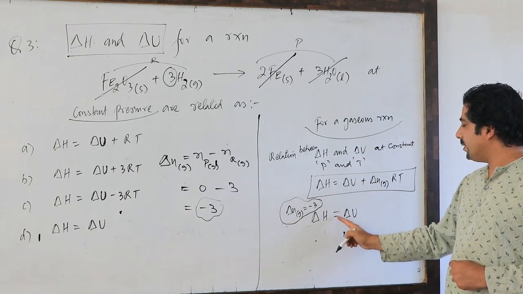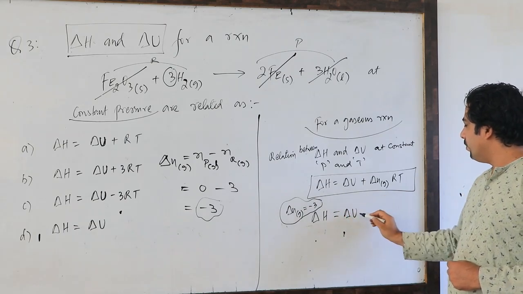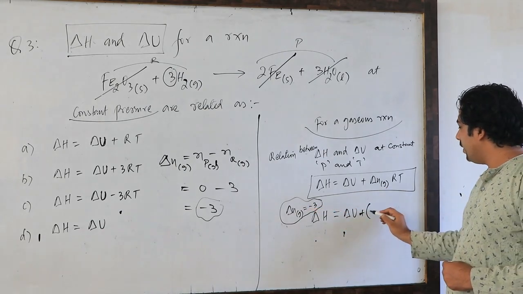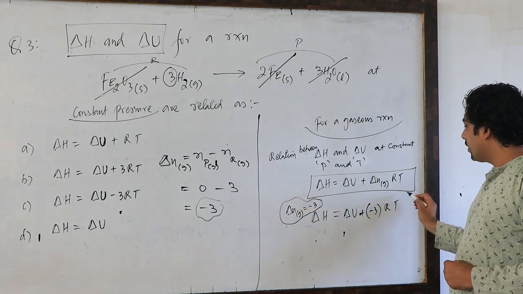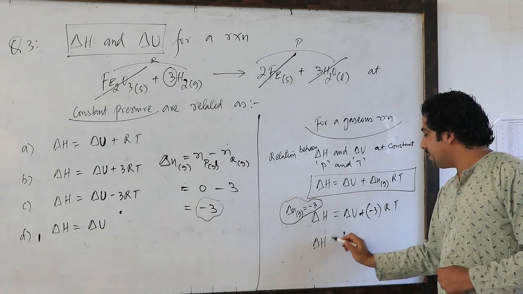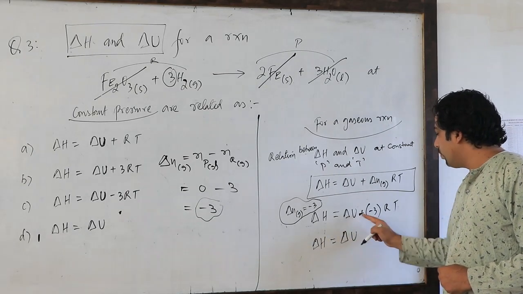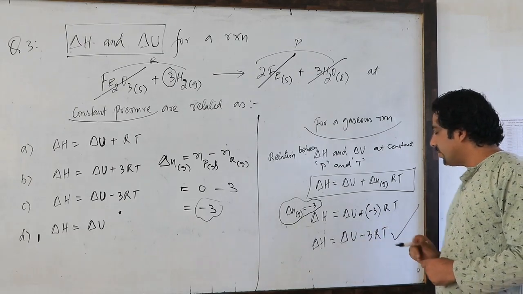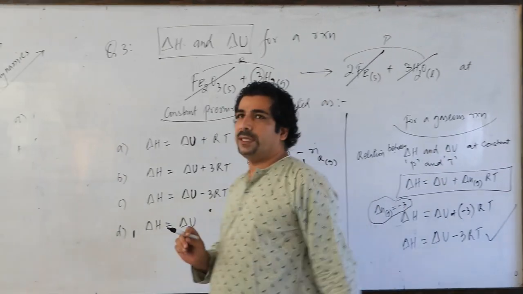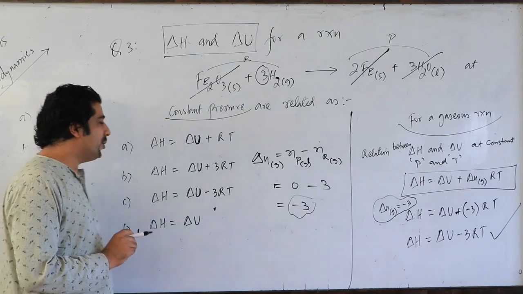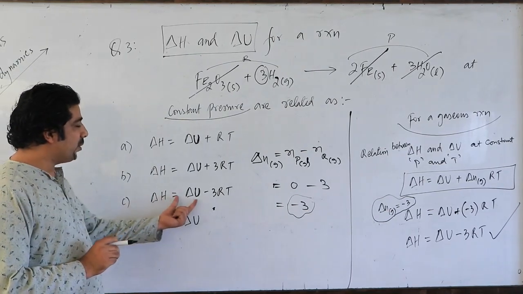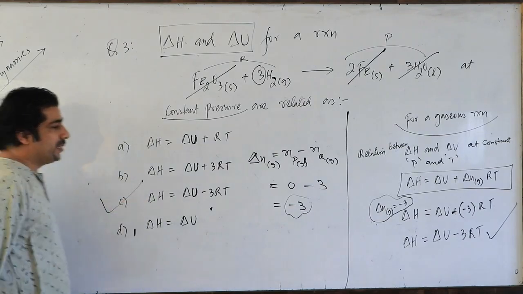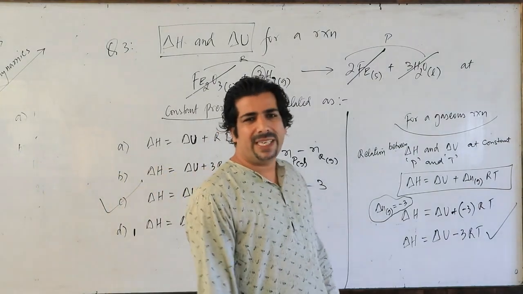So delta H is equal to delta U plus, in place of delta N, I can write minus 3, then RT. So delta H is equal to delta U plus minus 3 RT. Look at the expression. What is the relationship between delta H and delta U now? Delta H is equal to delta U minus 3 RT. So option number C is the answer. You have easily calculated it.